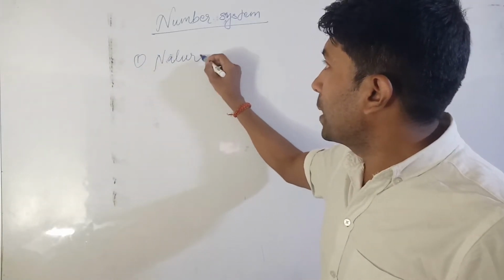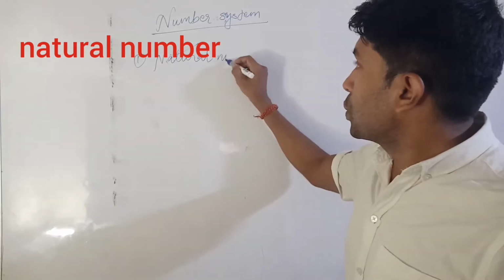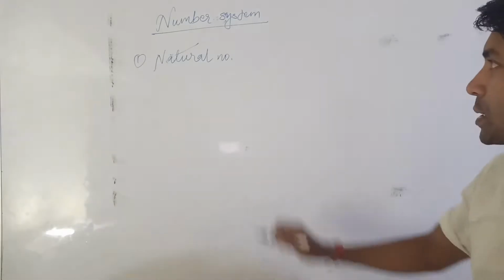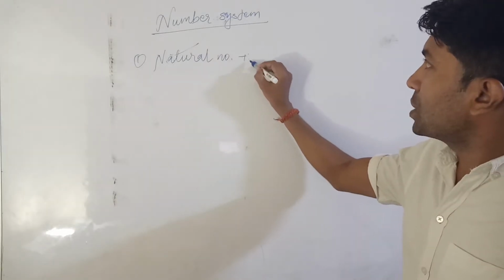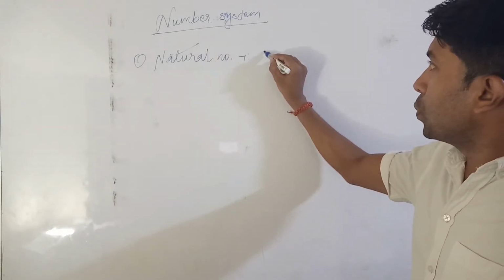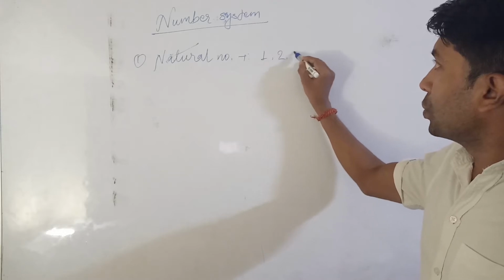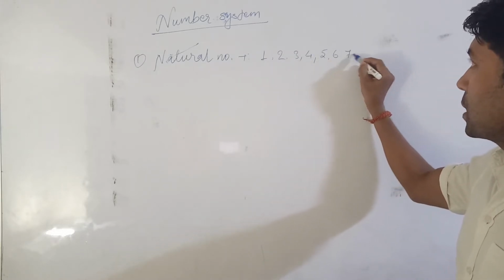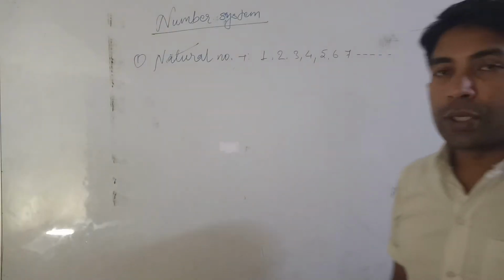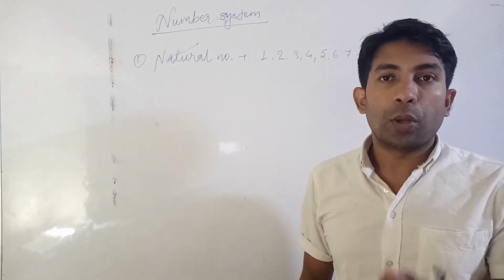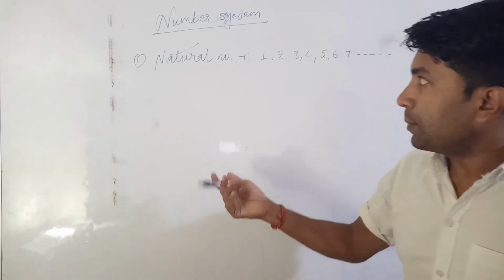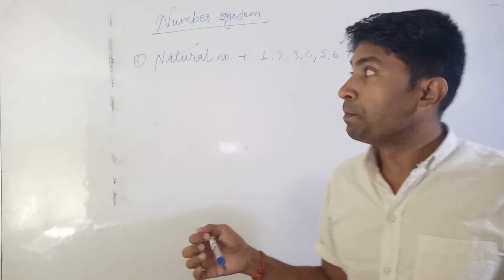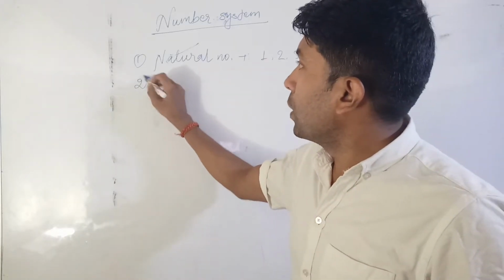My dear students, always remember the natural numbers always start from 1, and then 2, 3, 4, 5, 6, 7, etc. Try to watch this video very carefully, because I'm going to ask you some important questions after completion of this video.